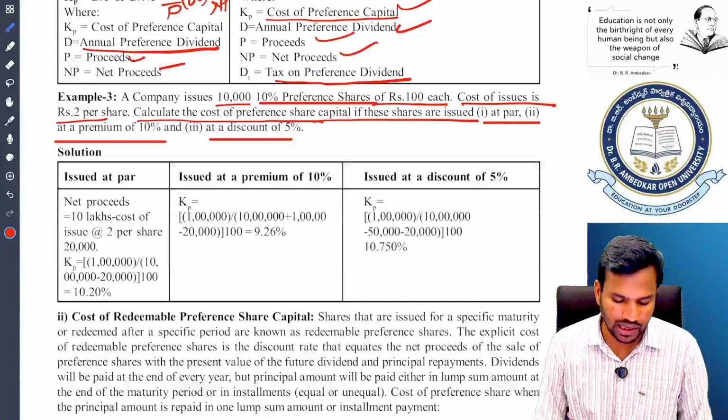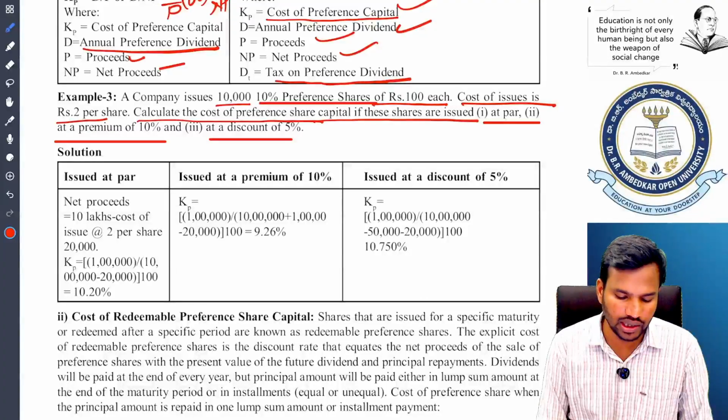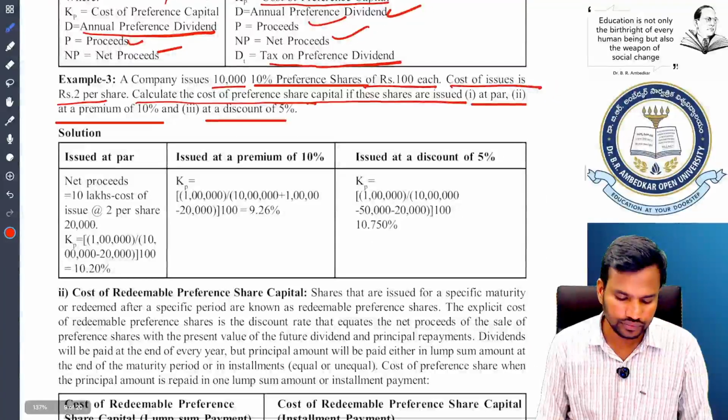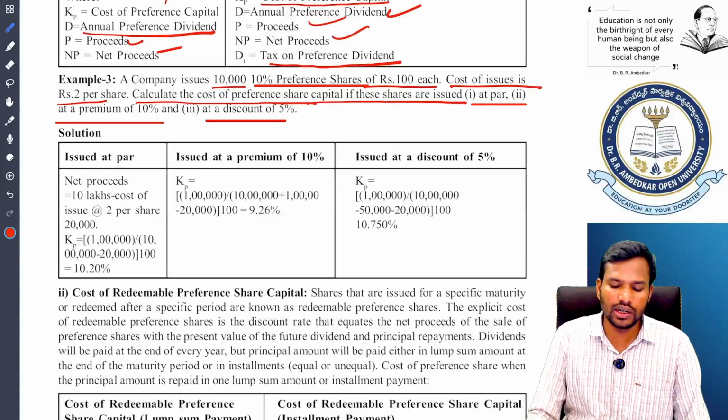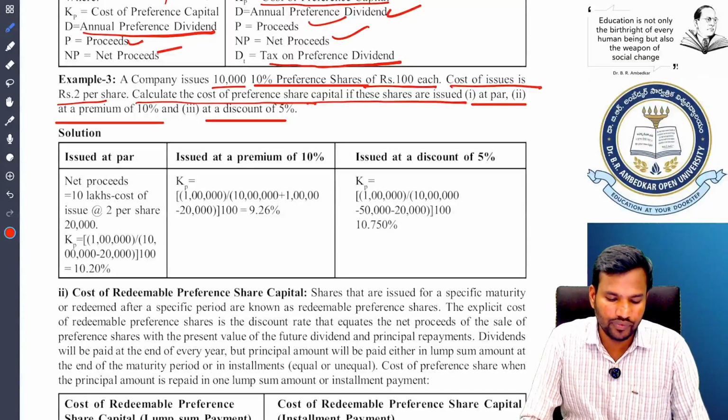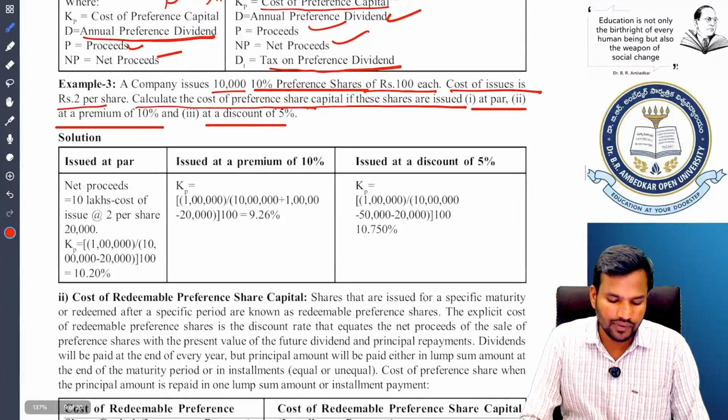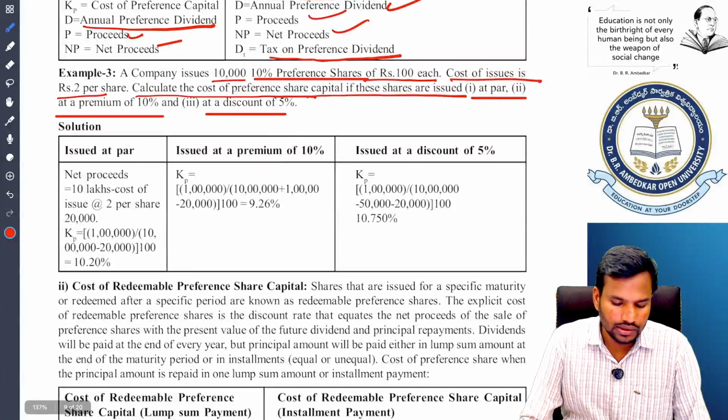If issued at par, 10,000 into 100, then 10 lakhs will become.